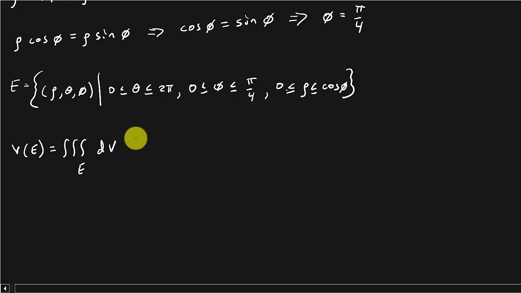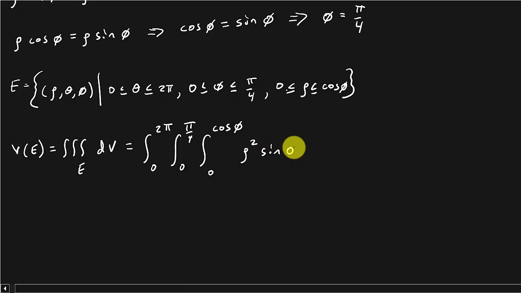So that's going to be 0 to 2 pi, and then 0 to pi over 4, and then 0 to cosine phi, and that's 1 times rho squared sine phi d rho d phi d theta.